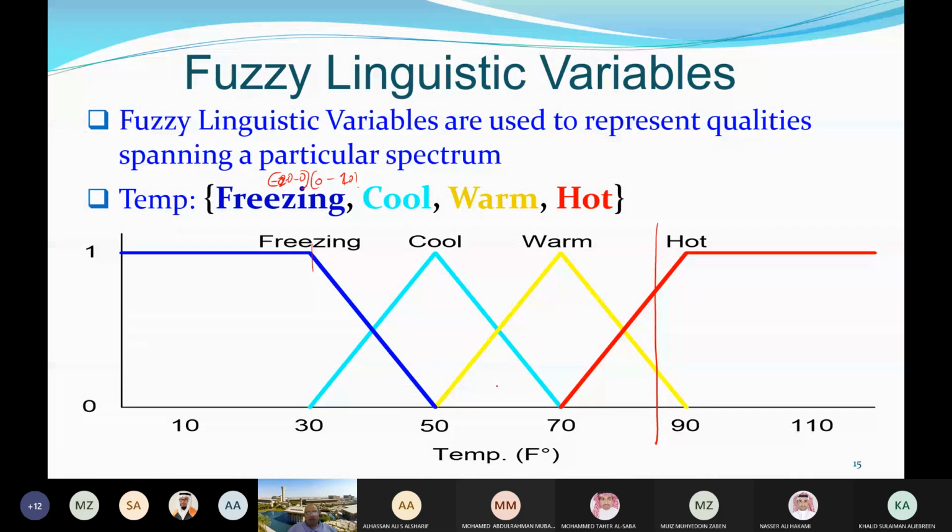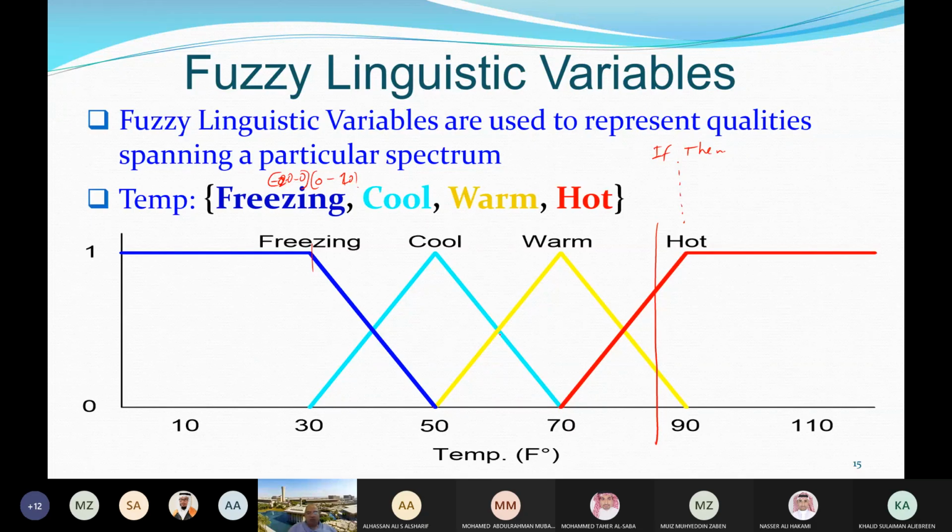If you measure the temperature, of course, as we mentioned earlier, in fuzzy logic you have some if-then rules. And this is where the fuzzy inference will take place. So you have several if-then rules here. If the temperature is freezing, then you have this.